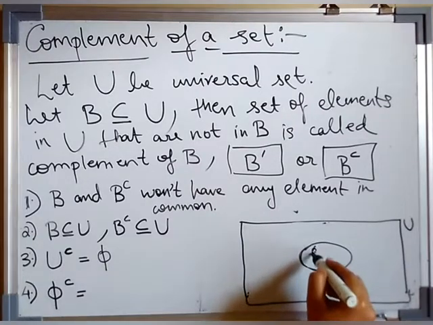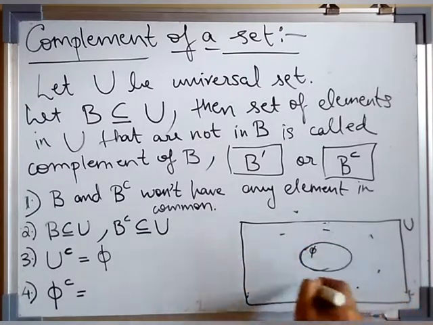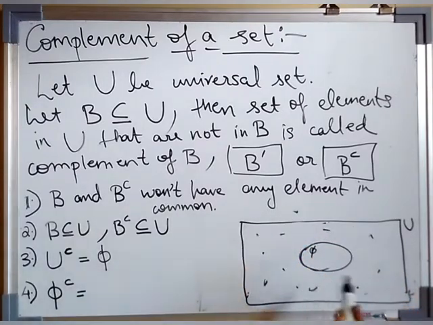This is a null set, no elements within it. Then all other elements have to be outside it. So it is the whole U. So phi complement is U.